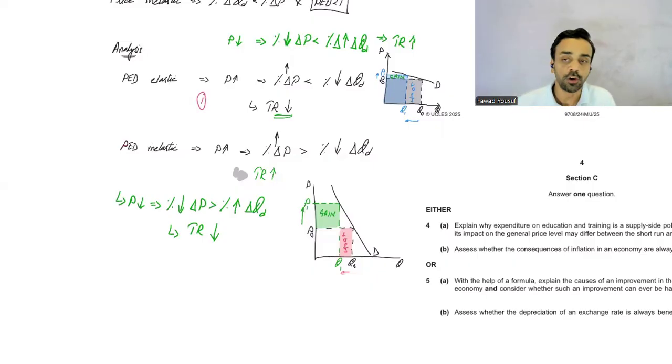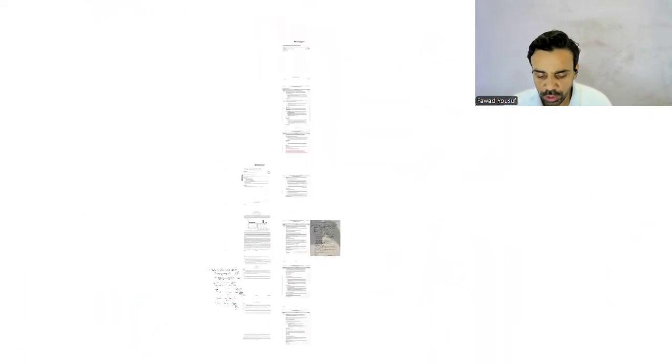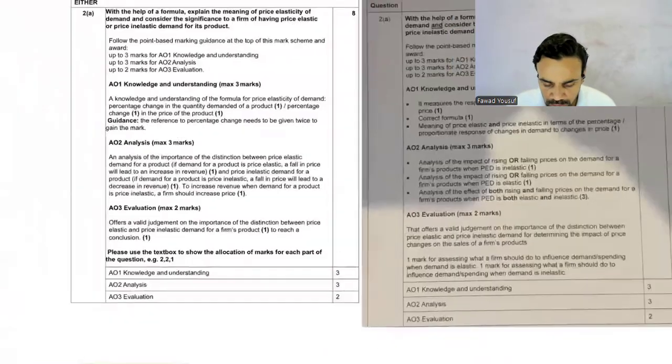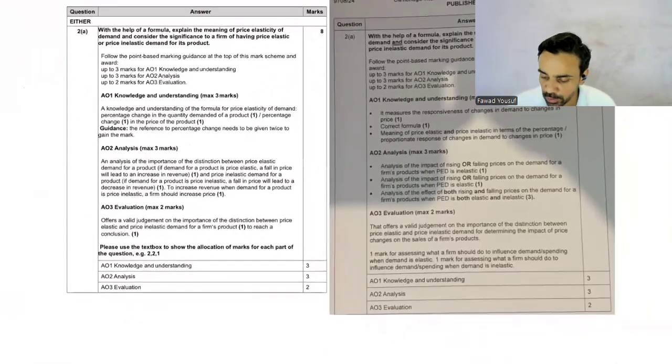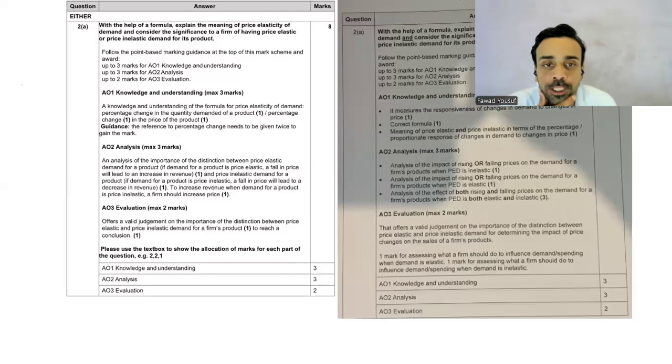And then your final evaluation. So, what was the original and what was the new evaluation? So let's take a look at the evaluation. Evaluation के अंदर: offers a valid judgment on the importance of the distinction between price elastic or price inelastic for a firm's very vague one. Let's see if the published one has something better. The usually evaluation में कोई ज़्यादा changes आते नहीं हैं.